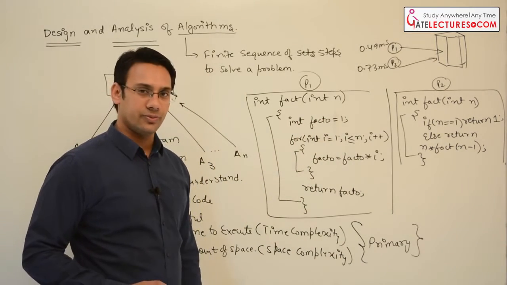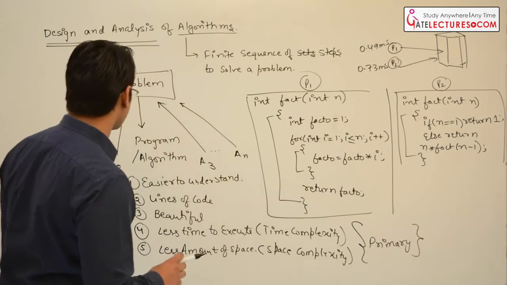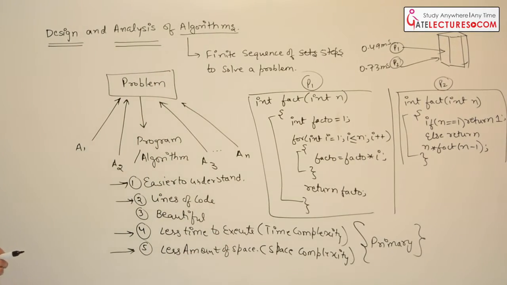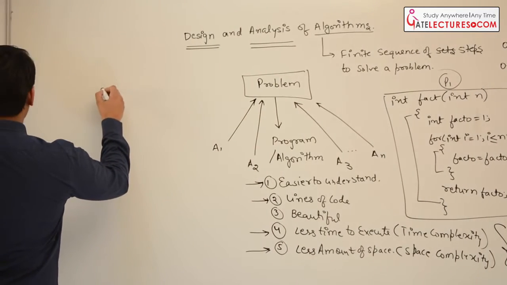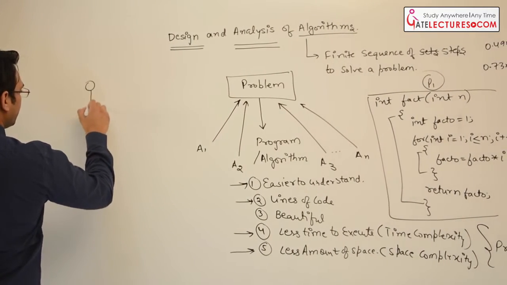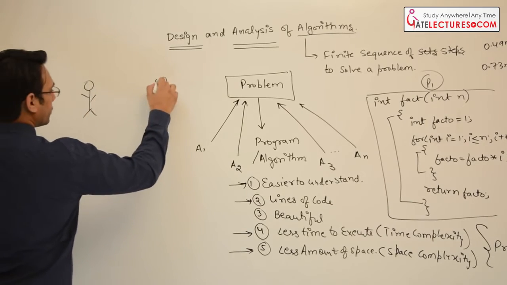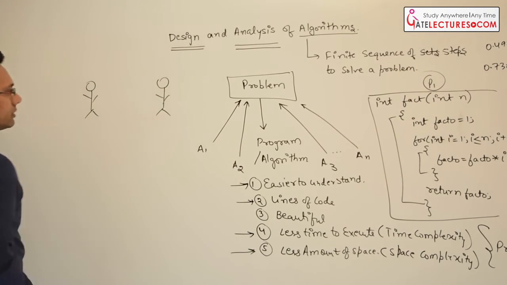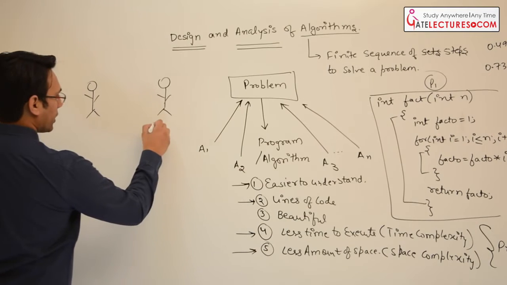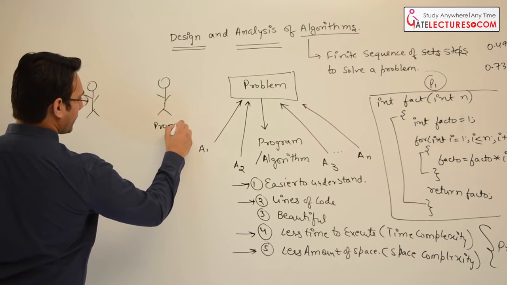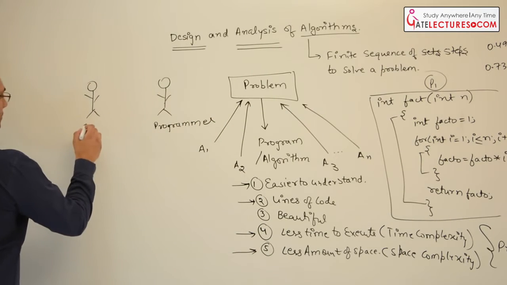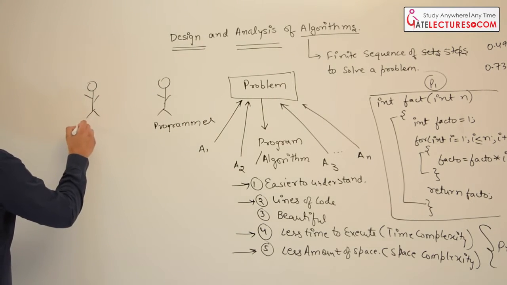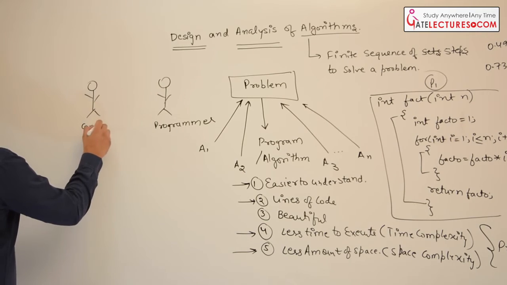Now, what is the issue? Let us say we have a client. This is a client, and this is you. You are a developer or a programmer, and let us say he has a company or a shop or something.